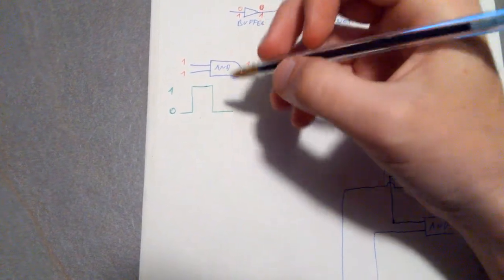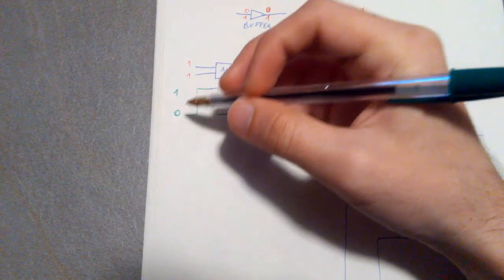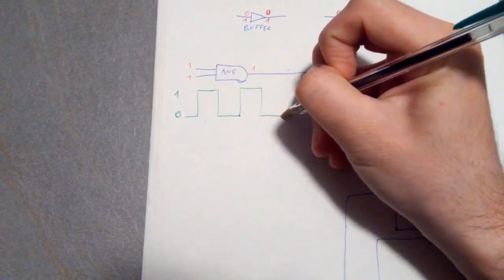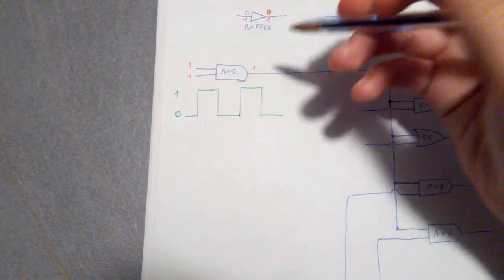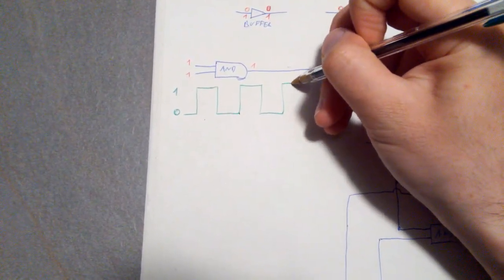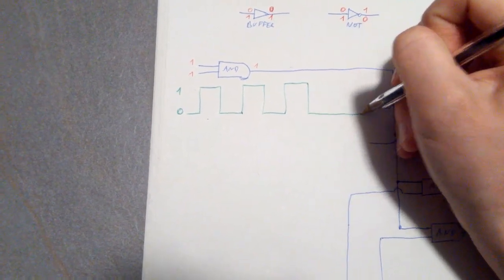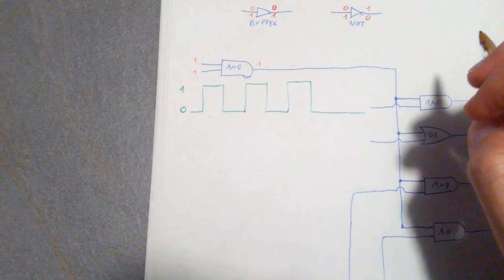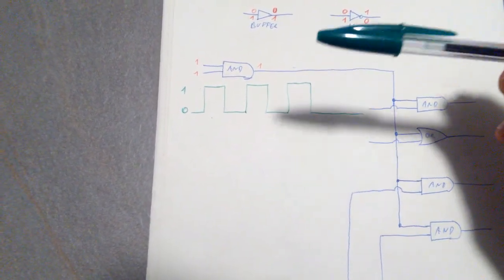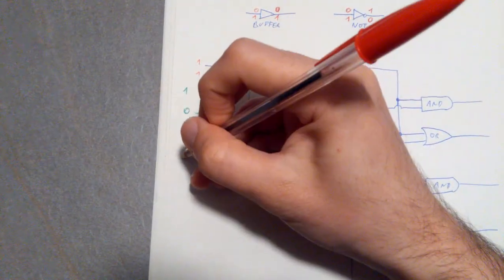Then we switch to 1, 1 again, then we switch to 0, 1, and we go low, and then we switch to 1, 1 again, and then we switch back to 0, 0 and stay low. Let's suppose that we have something like this as input. In real life, what you are actually going to get would be something like this.